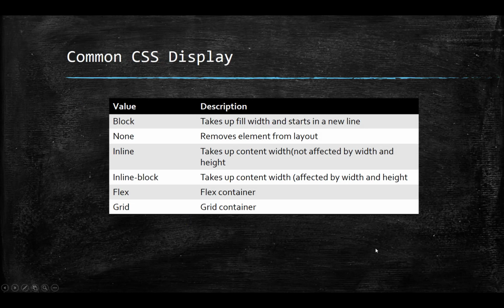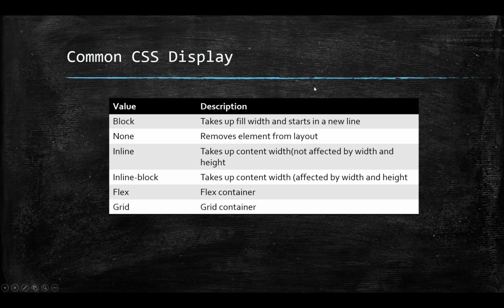So these are the common CSS display values. If you say block, it takes up the full width and starts on a new line. So if you put a paragraph, it takes the whole line. Later on you'll be able to differentiate them. Say none, of course, it removes the element from the layout.